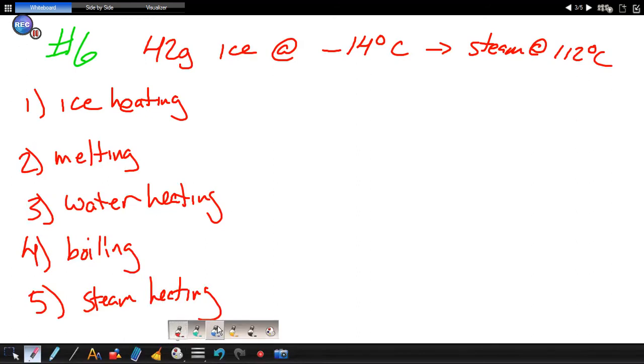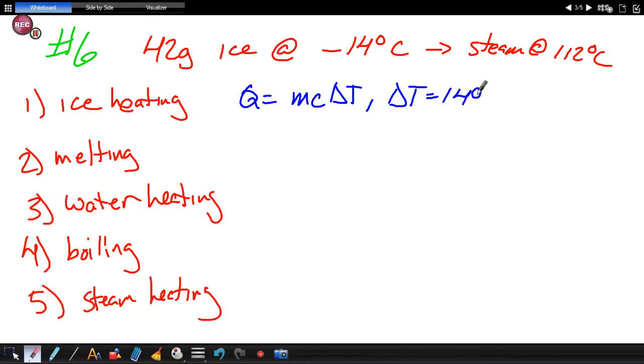We're going to have, for the ice heating, Q is MC delta T. Delta T is 14 degrees, and C is for ice. So you go look that up in your table of specific heats. And ice is about 2,090 joules per kilogram degrees Celsius.